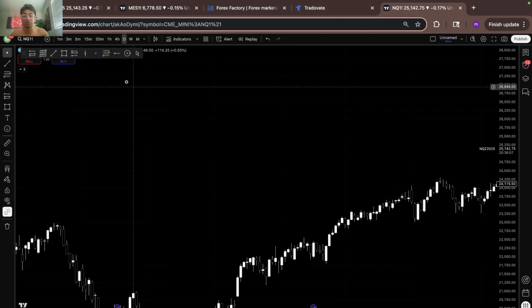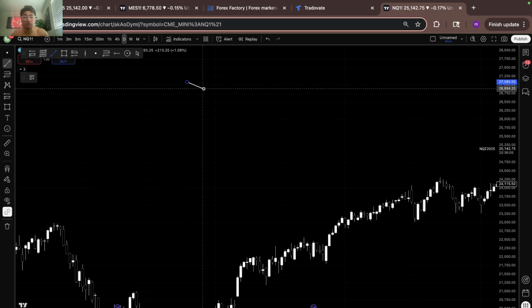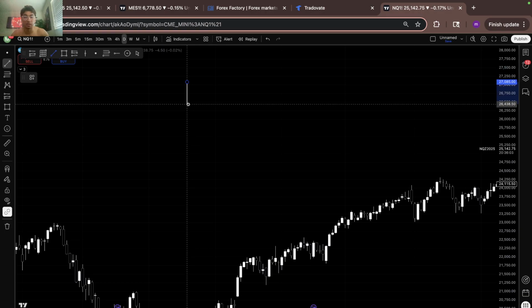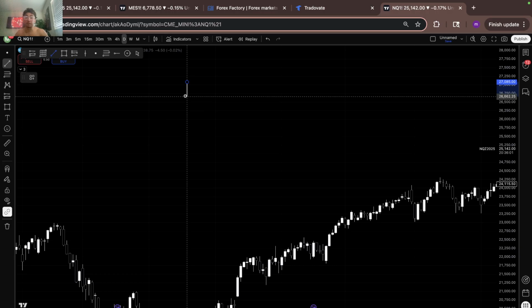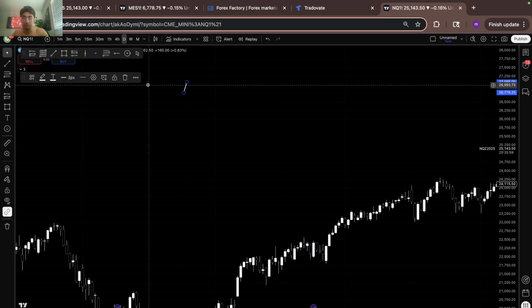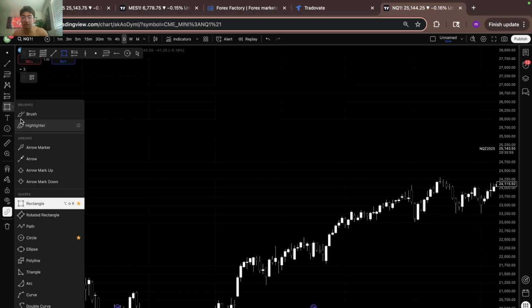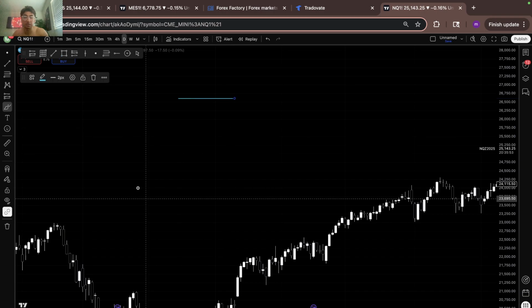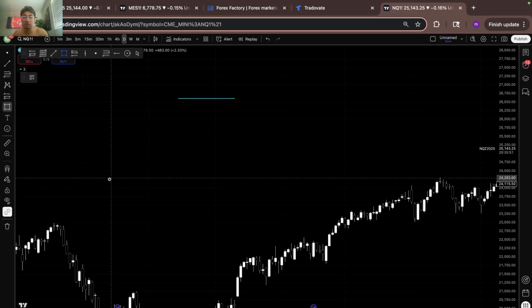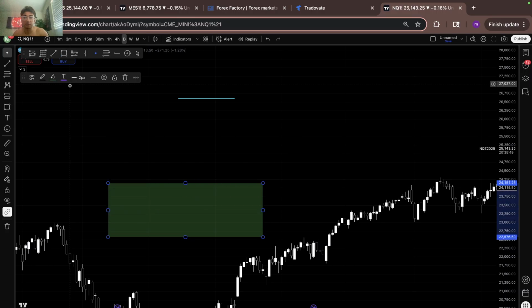What you must understand is that, depending on the bias, if we're bullish, ERL is higher than IRL. So this would be ERL highs here, and IRL PD arrays would be down here.